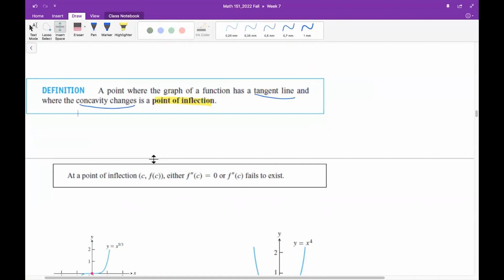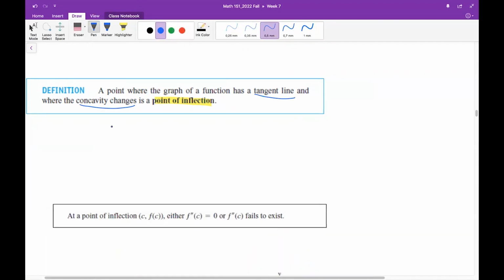So let's write this definition in a clearer way. Let's say we have a point c and the second derivative of the function changed its sign there from negative to positive. For example, then your function f will be concave down over here and concave up over there.